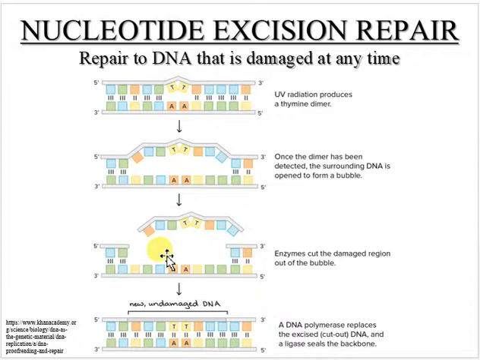It's cut and removed, and then a DNA polymerase will replace that excised DNA with correct nucleotides. And then your ligase will come in and seal the gaps between that newly created segment with the proper base pair.